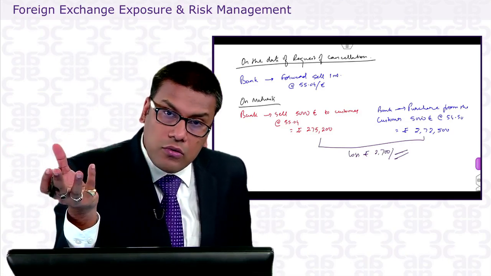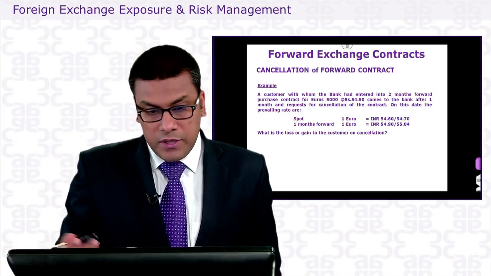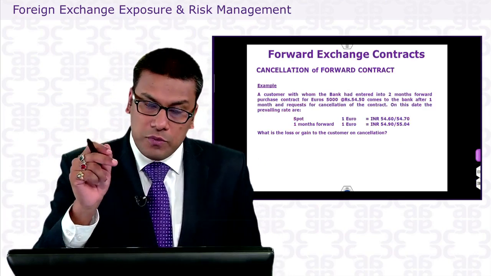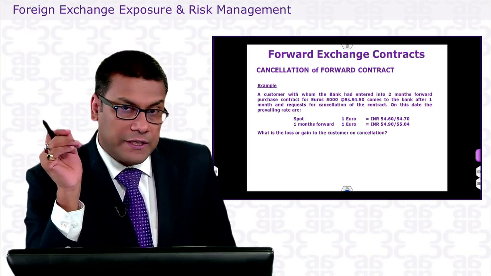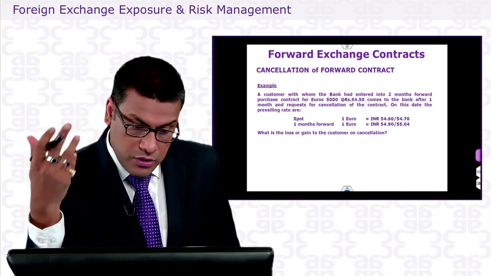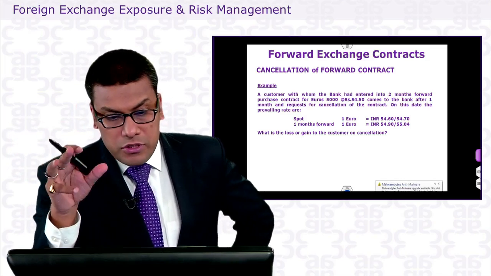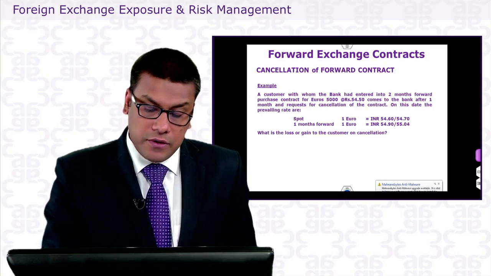So this is how there is a process of cancelling if in case there is a request from the customer. So cancellation of forward contract on the request of customer is only possible if the request is coming before maturity, okay, or on a date of maturity, and you have then to remember those steps that could come handy. Okay, so this was one way of using forward contract, which is cancellation of forward contract.